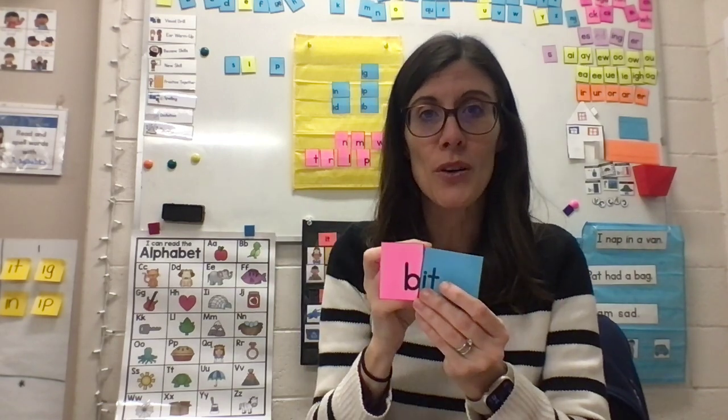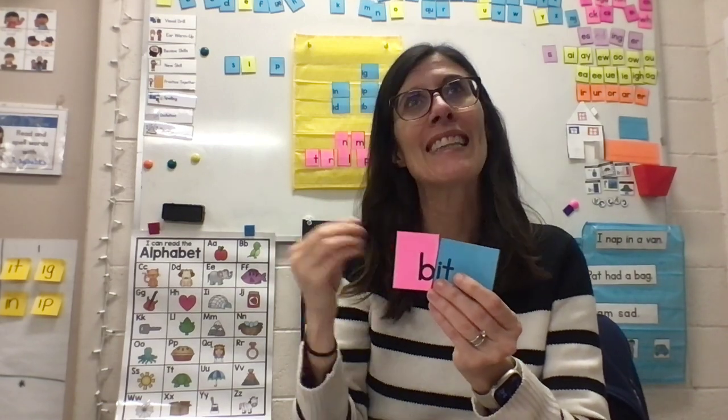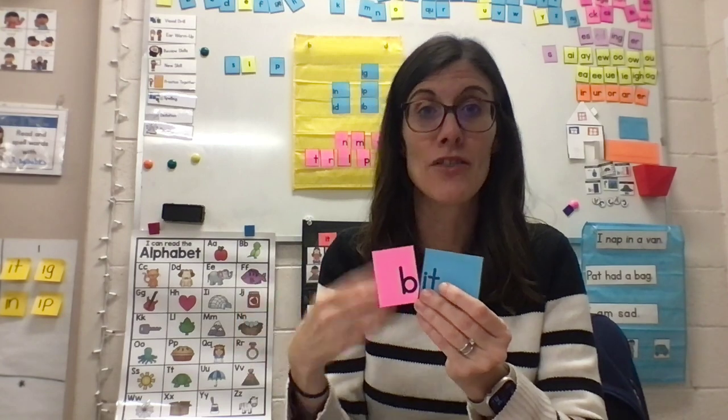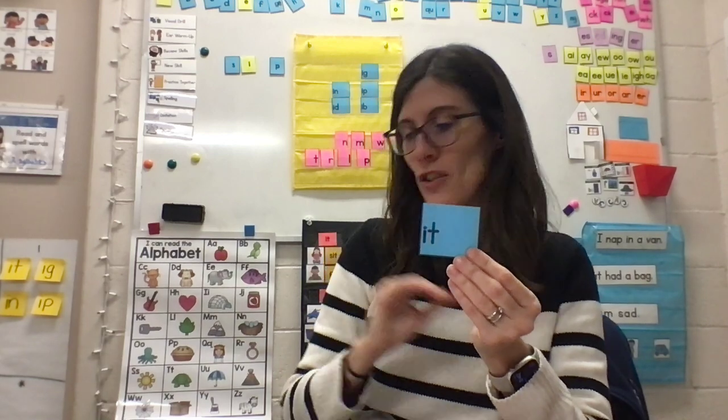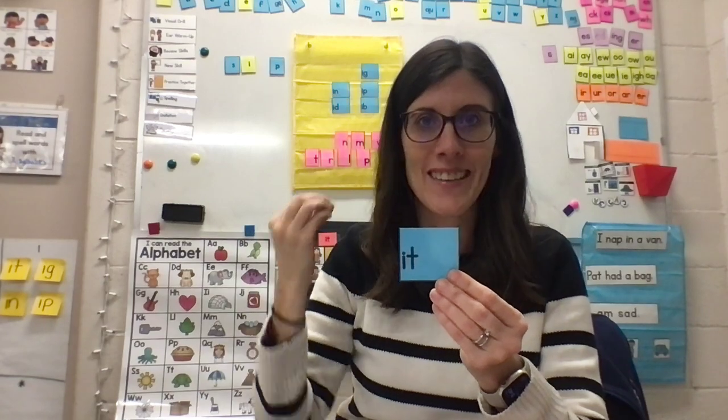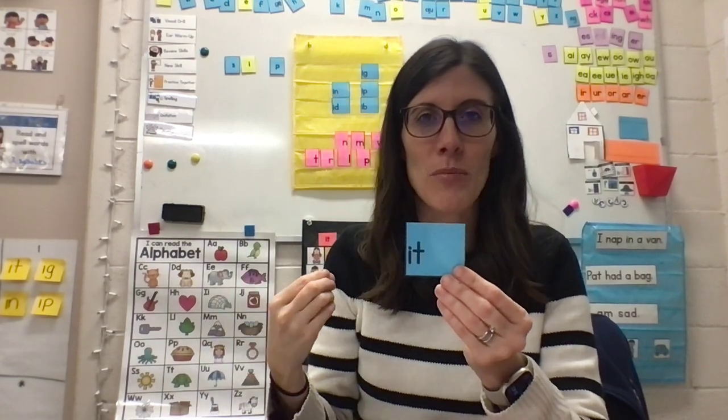I do use this as a strategy to help them read more words and get that word recognition, because that's the goal, right, word recognition. If they know it and they can read it quickly and they don't have phoneme blending issues, it's more an issue of remembering the words or getting more word recognition.